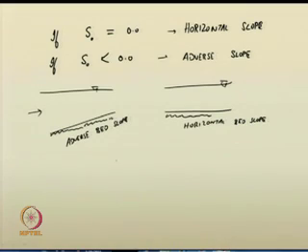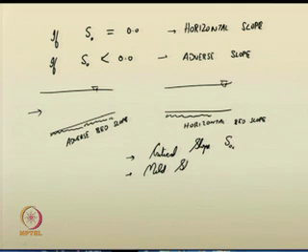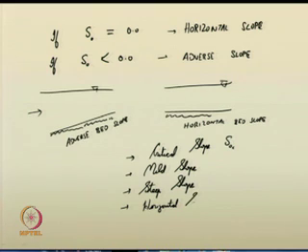There are mainly now the categories of bed slopes: critical slope S0C, mild slope, steep slope, horizontal slope, and adverse slope.